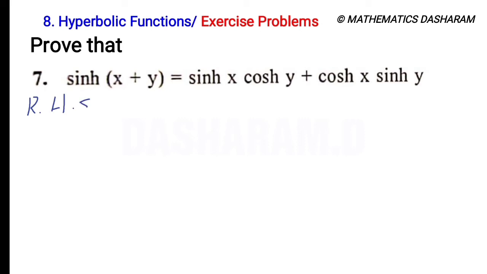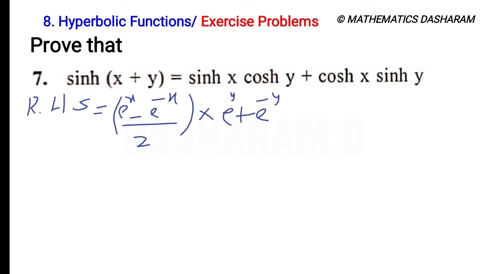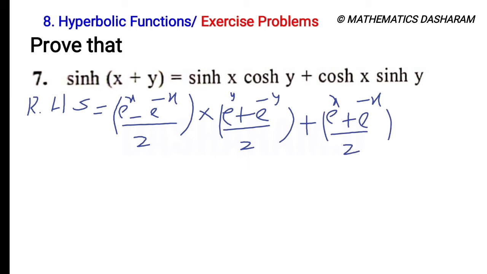The RHS is sinh x. Sinh x means (e^x minus e^(-x)) divided by 2 into cosh y, so (e^y plus e^(-y)) divided by 2, plus cosh x, (e^x plus e^(-x)) divided by 2, into sinh y, (e^y minus e^(-y)) divided by 2.